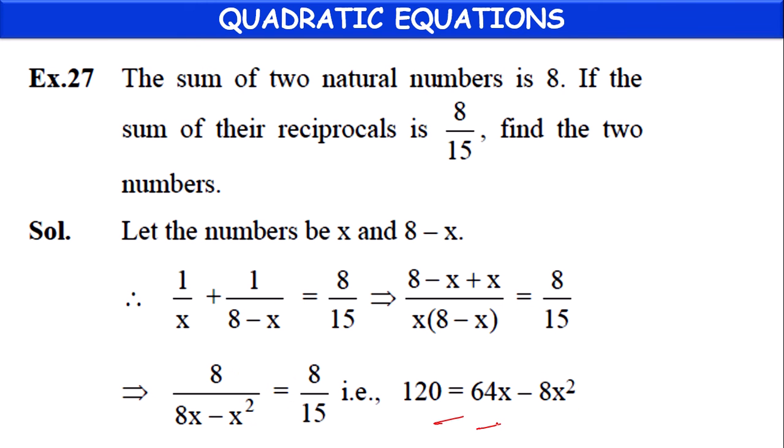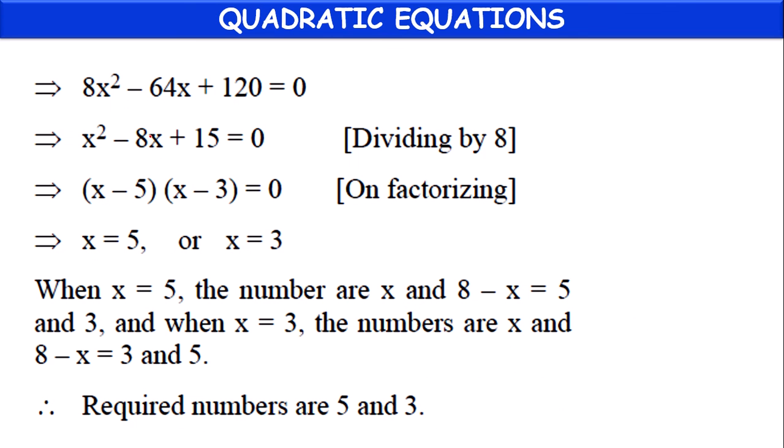If we write the x square term first, it becomes 8x square minus 64x plus 120 equal to 0, after transposing the values. But the x square coefficient should be 1, so let's divide all terms by 8. 8x square by 8 is x square, 64x by 8 is 8x, 120 by 8 is 15, equal to 0.